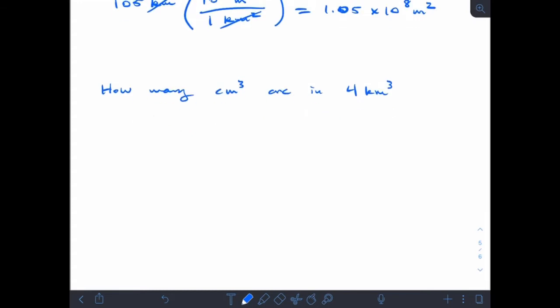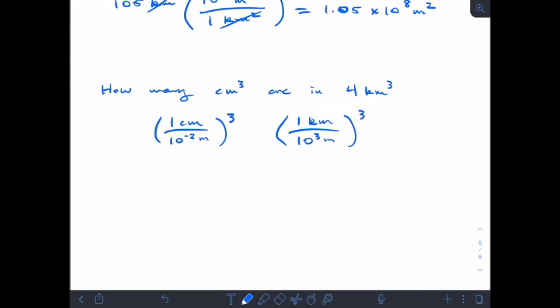Our conversions: we're going to have one that looks like 1 centimeter is 10 to the minus 2 meters. Since we're dealing with cubic units, we're going to cube that. Our other conversion is to go from meters to kilometers. So 1 kilometer is 10 to the 3 meters, and we're going to cube that.